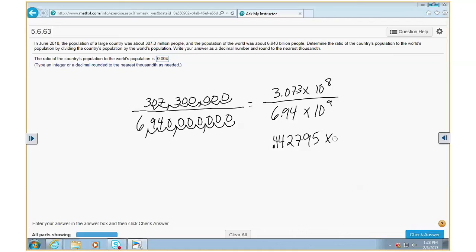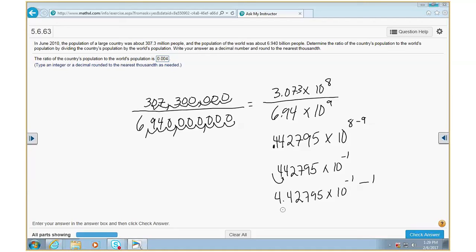Times 10. And then 8 minus what? 9. So 0.442795 times 10 to the negative 1. 4.42795 times 10 to the negative 1.